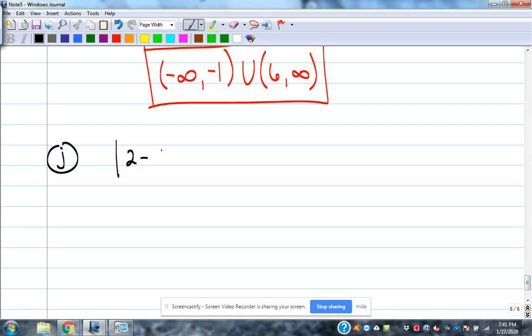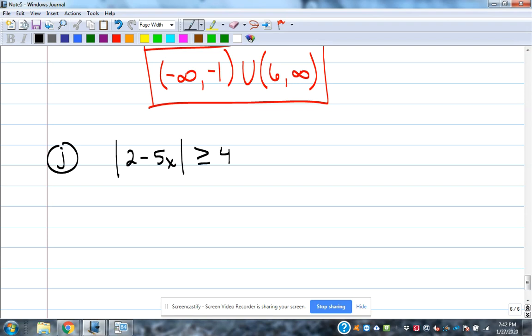Absolute value of 2 minus 5x is greater than or equal to 4. Is the absolute value by itself?